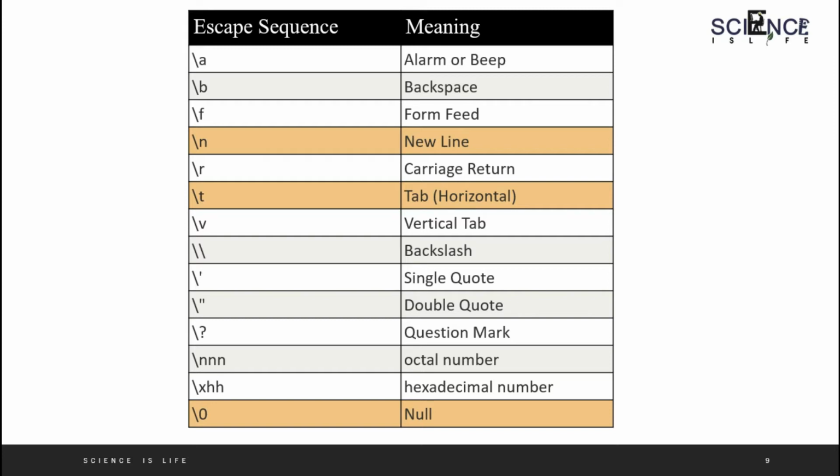But when we use backslash and n within a string, then the program will go to a new line in the console screen. So if we need to print a new line after a string, we can put this backslash n after a particular string, right? Likewise, there are several escape sequences.